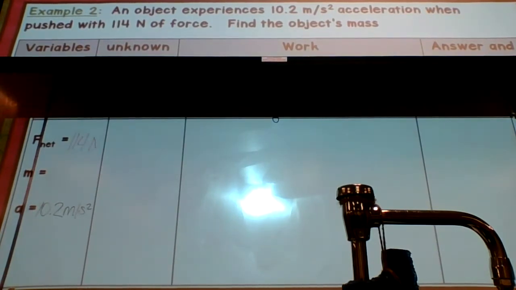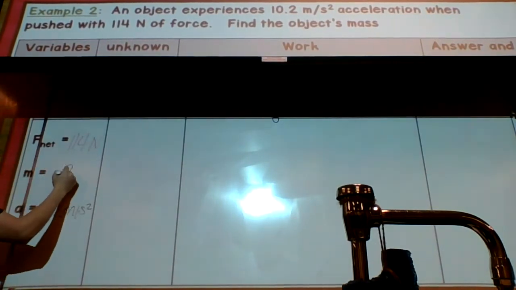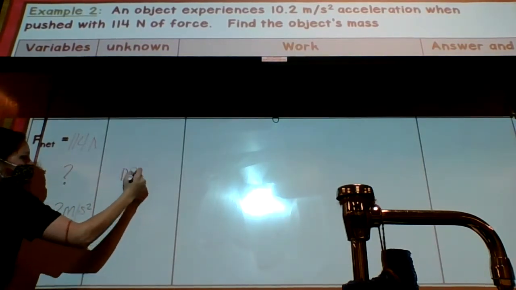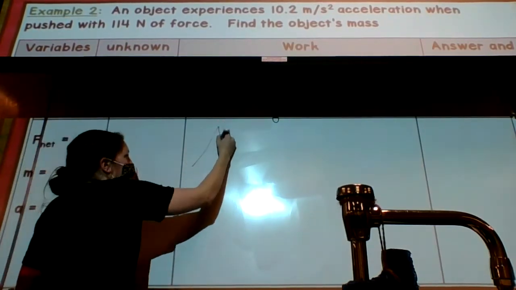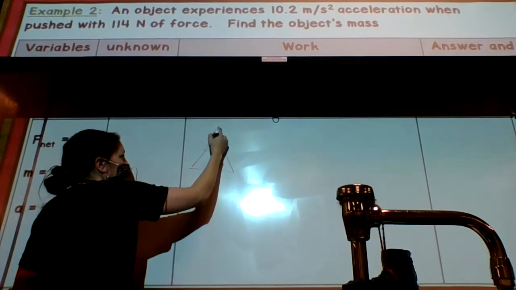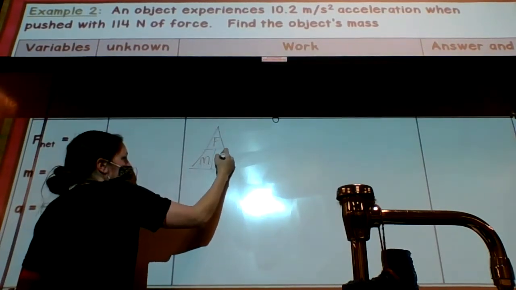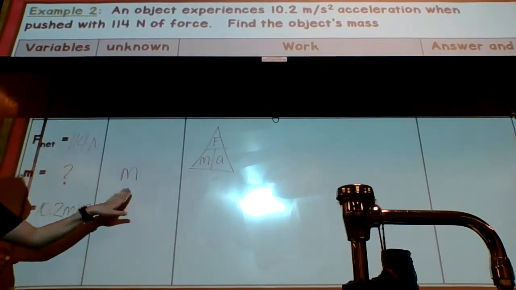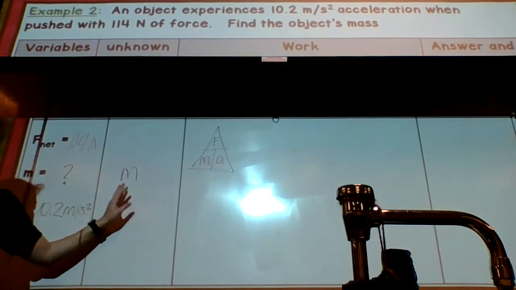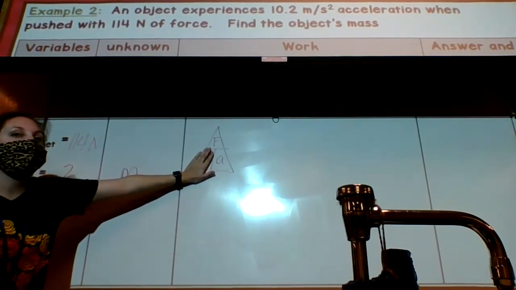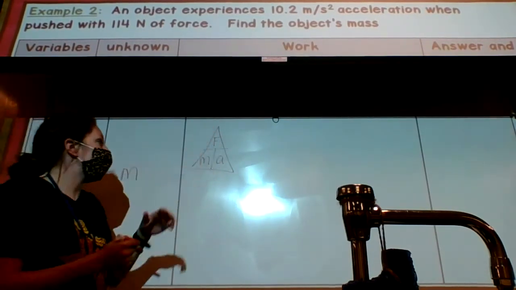That tells us that I am looking for mass. If I think back to my triangle, I'm looking for mass, so that's what I cover up. What do I do with F and A? Divide, F on top.